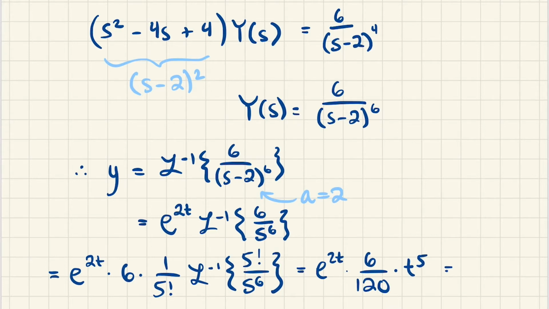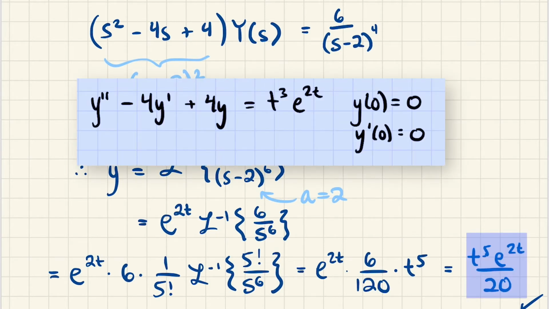Okay, well this reduces because 6 goes into 120 20 times. So let's just write this as t to the 5 e to the 2t over 20. And that is the unique function satisfying this differential equation with these initial values.